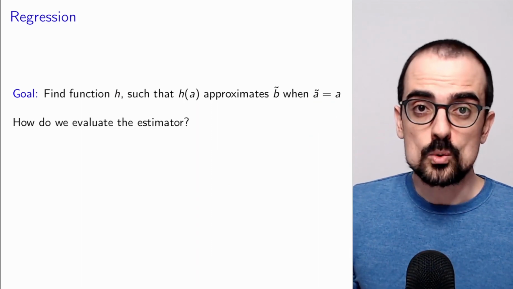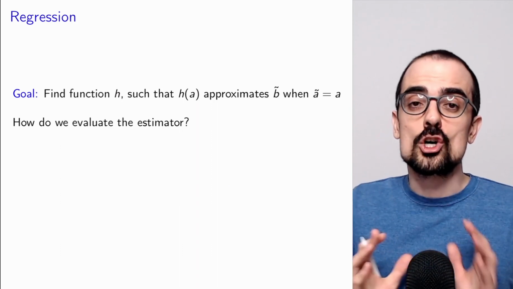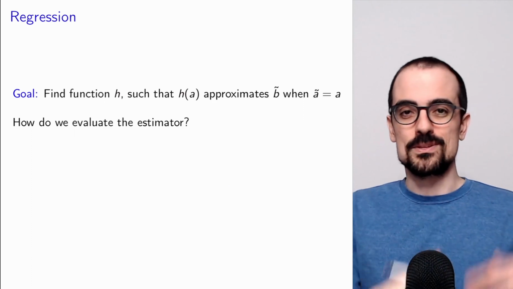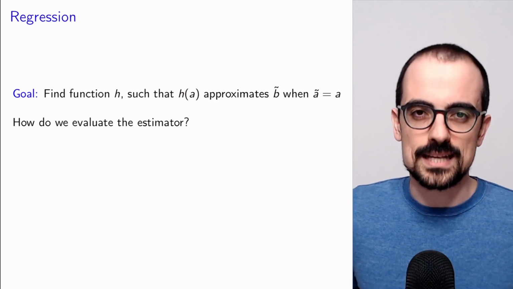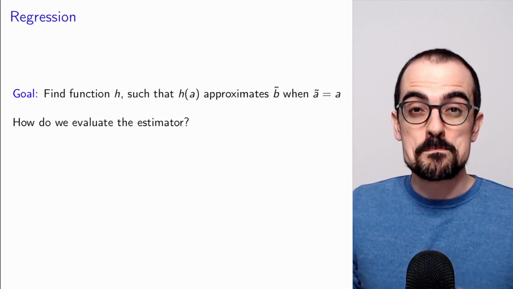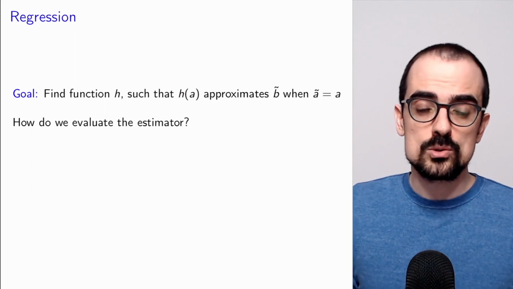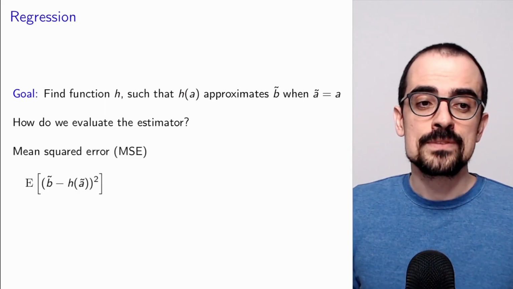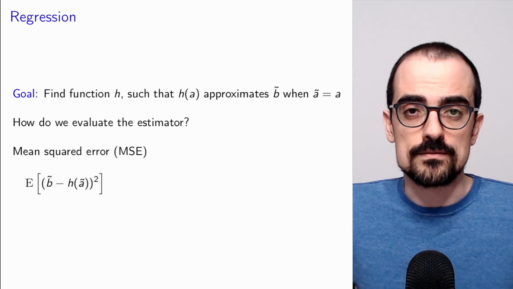Now, an important question is, how do we evaluate this estimator? And this will depend on the specific application. So for example, if you want to predict movie ratings, you might care about different metrics than if you want to predict the temperature at a certain location. But a very useful general purpose metric is to just compute the squared error and average it over all possible values of the random variables.